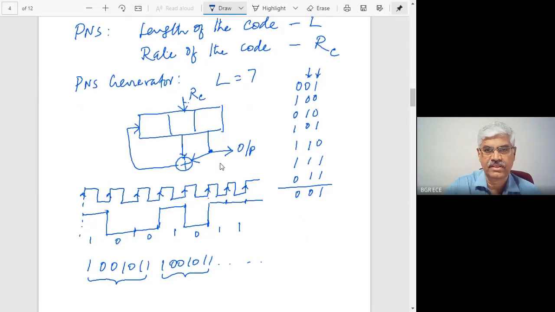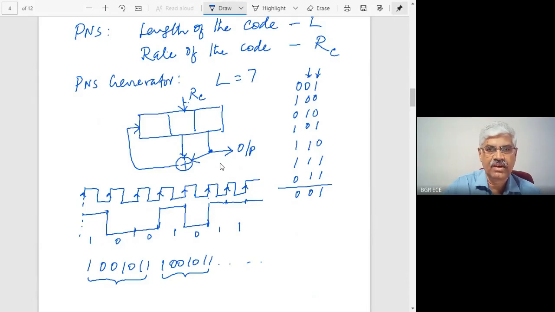Noise sequence means it is unpredictable, random in nature, so it will not be a periodic one. But this is a periodic bit pattern, and still it is called a noise sequence. And also, they have said that it is a pseudo noise. It is not a perfect noise, but pseudo noise.